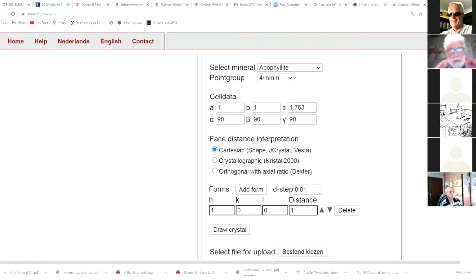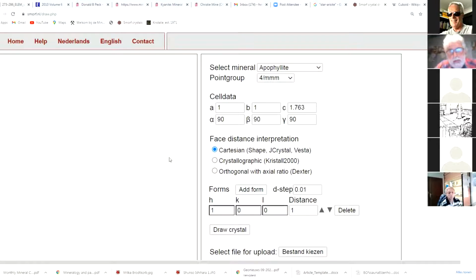So A and B are equal, but C is not equal to A and B. C is different from A and B. And the angles are still the same, okay, 90 degrees. So we add this form, the 100 form, and we click on draw crystal and nothing is happening. Why is that? Why isn't there anything showing?